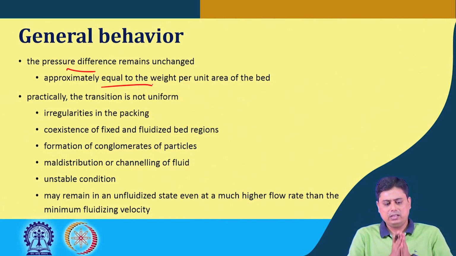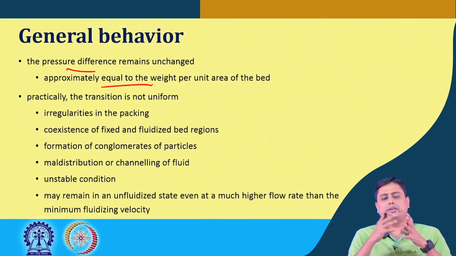Now this transition, okay, practically is not smooth or uniform, because there are several irregularities, especially with the packings. Okay, because the packings that are practically used are not of mono-sized spheres.